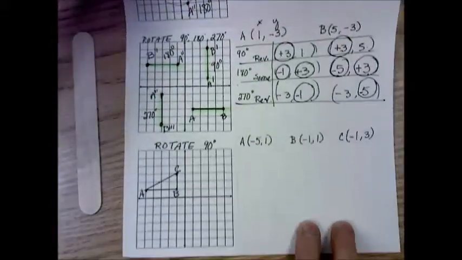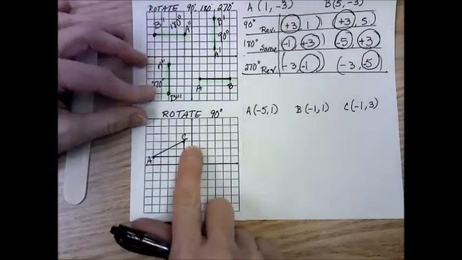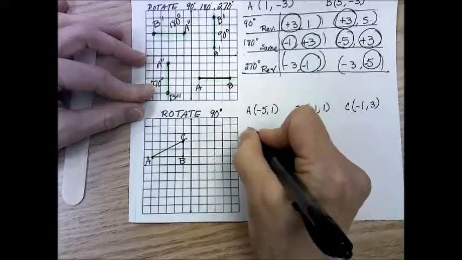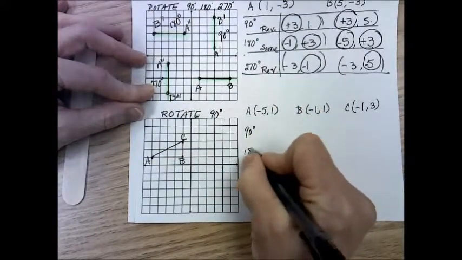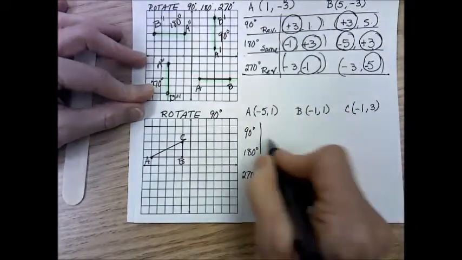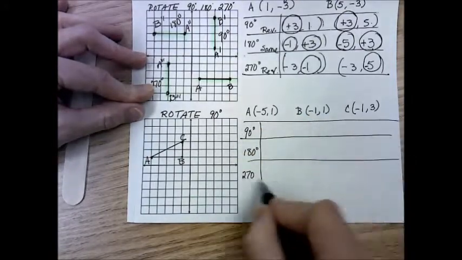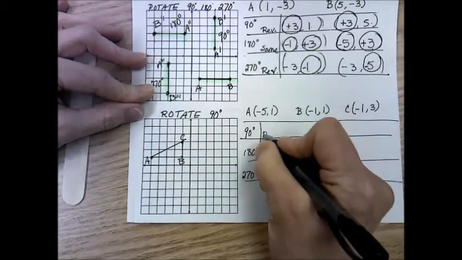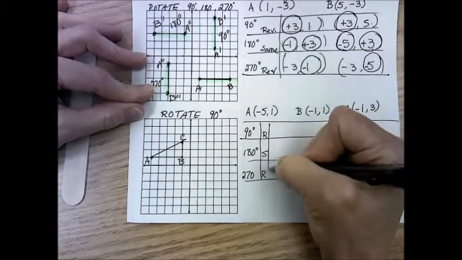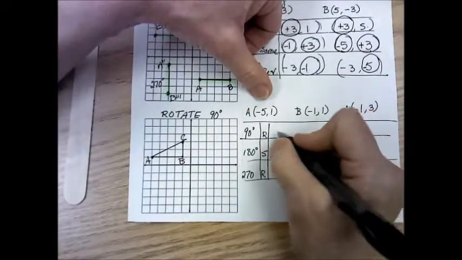Let's go ahead now and try to rotate this triangle. So we have 3 points, so let's do our 90-degree, our 180, and our 270. And I'm just going to use R for reverse, S for same, and R for reverse. So for point A here, I'm going to reverse our terms.